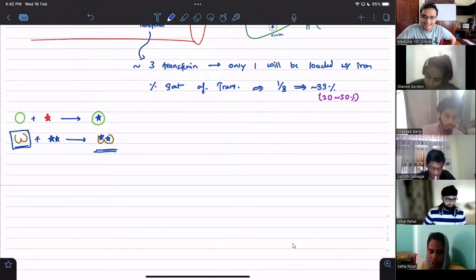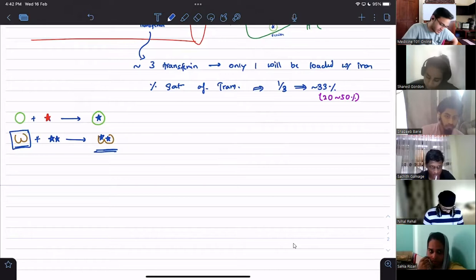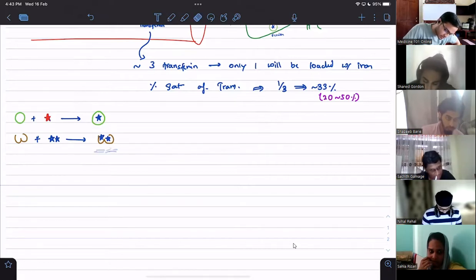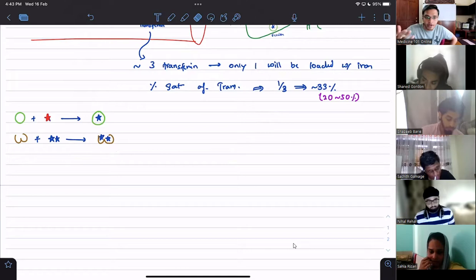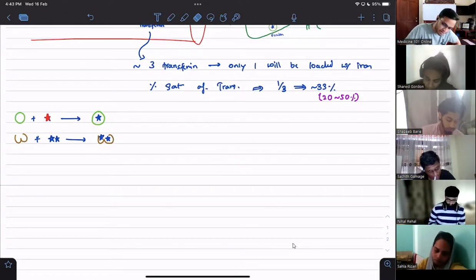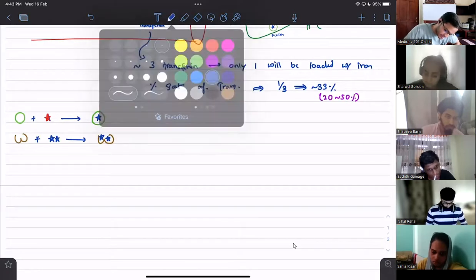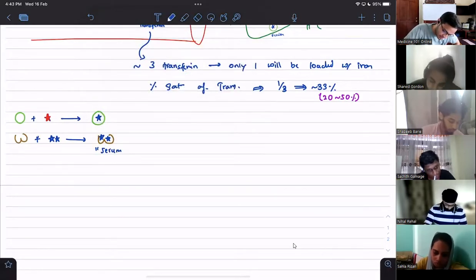What are these? Transferrin plus what? 2 ferric ions. Yeah, 2 ferric ions gives rise to this combination, guys. The loaded transferrin. What we call this is serum iron.